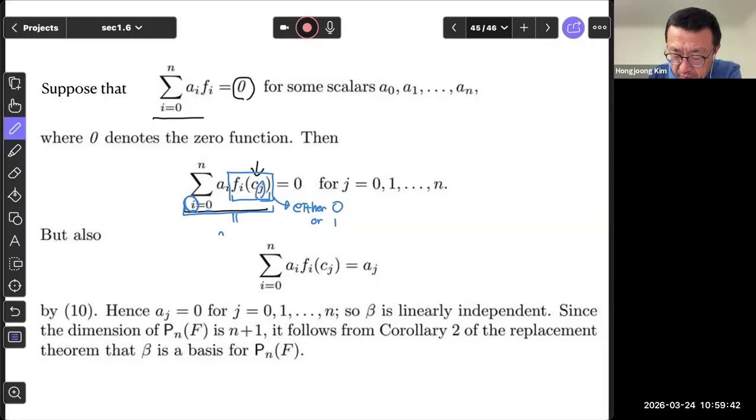So when i equals j, f_i of C sub j will be the value 1, and at that point, the coefficient is a sub j, right?